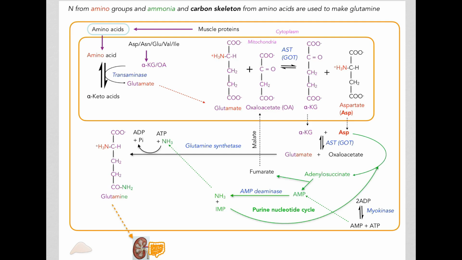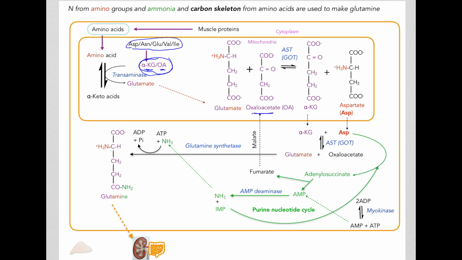However, in the case of glutamine, there are several amino acids such as aspartic acid, asparagine, glutamic acid, valine, and isoleucine that are known to actually give a net generation of carbon skeletons such as alpha-ketoglutarate and oxaloacetate.